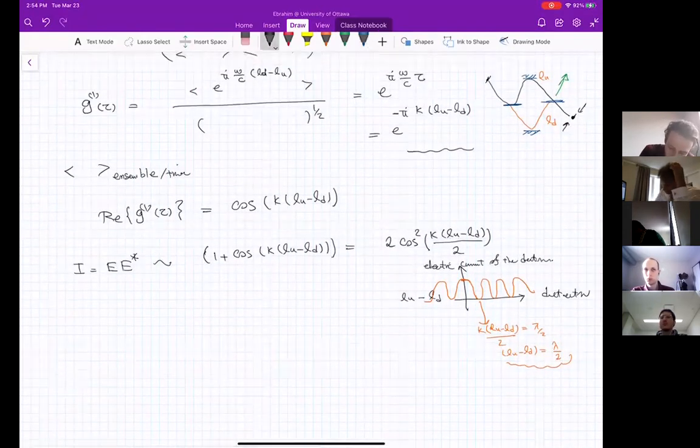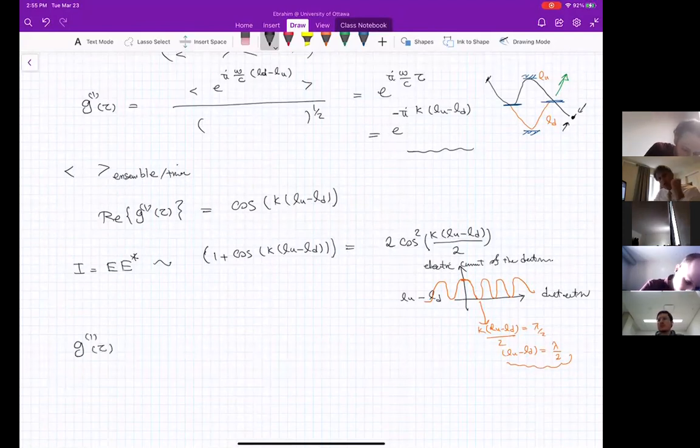So what is important in this case, we look at the temporal coherency. When we look at the temporal coherency, we mean that G1 is only a function of tau and is not a function of R1 and R2. Good?